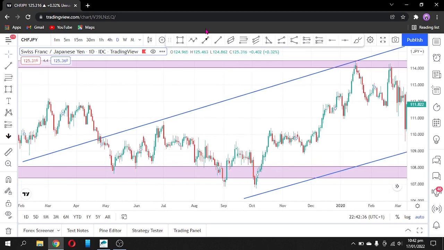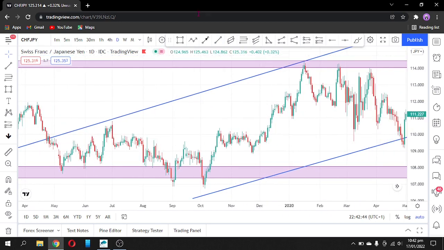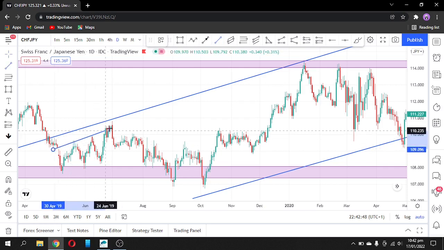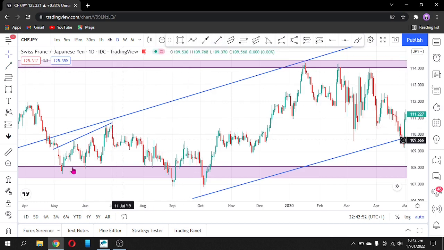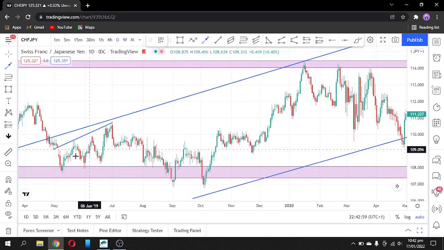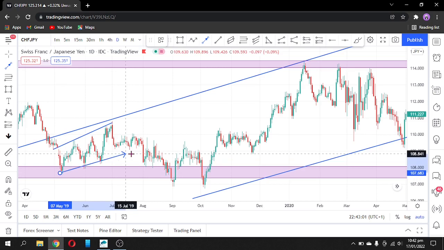If I want to get a clearer view of what really happened, that price went up, I can see we had a bullish trend line here and another bullish trend line here.